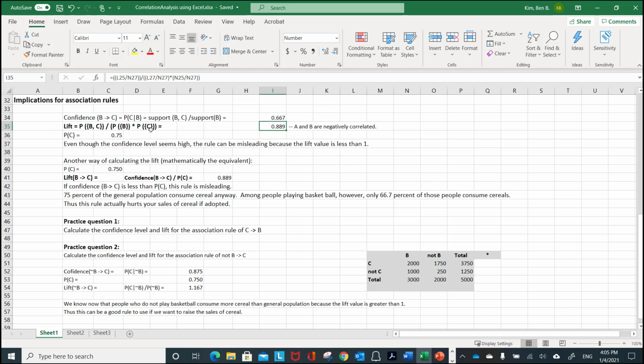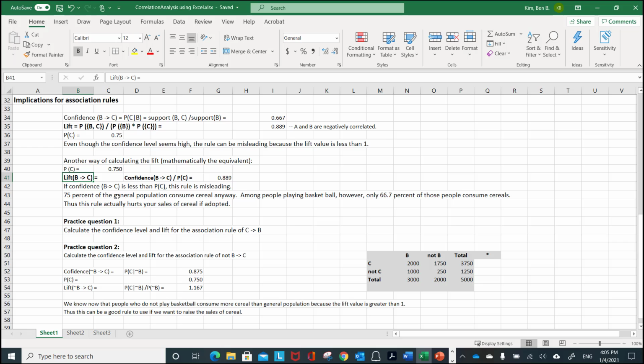If you like this formula, you can do that. If you like this one, you can do that too. But I think this is easier to understand, just comparing this confidence level with the probability for the general population. But also, if you want to prove it, this and this are mathematically exactly the same thing. Okay.